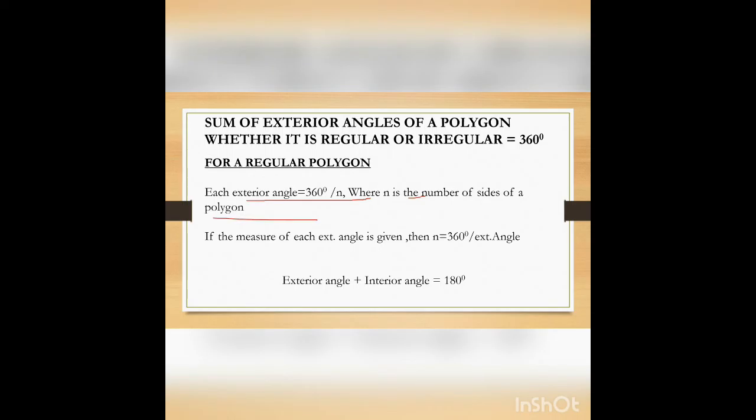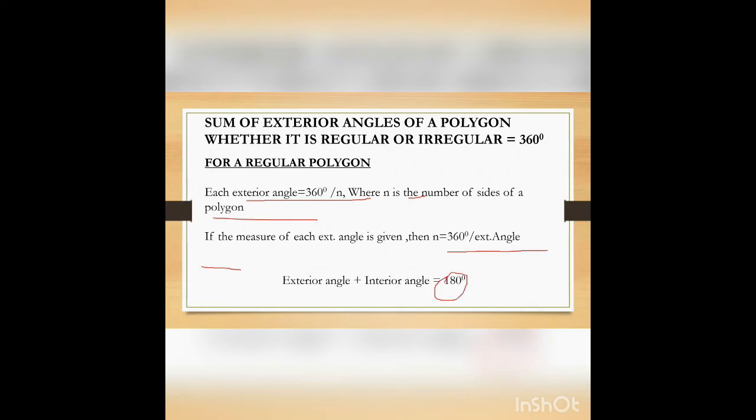If the measure of each exterior angle is given, then you can interchange the places of n and exterior angle. You will find n is equal to 360 degree upon exterior angle. Children, another interesting relation that we have done already in previous classes, exterior angle plus adjacent interior angle is equal to 180 degree.